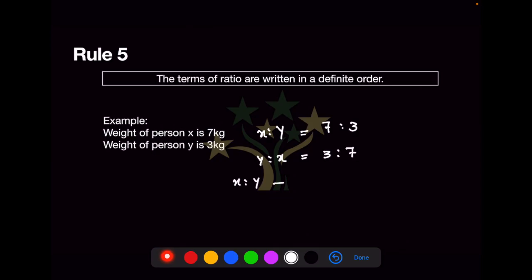X is to Y is not equal to Y is to X. When X is to Y is written, it is always 7:3 and 7:3 is not equal to 3:7. So this is what it means by saying that the terms of the ratio are written in a definite order. You should never interchange 7:3 to 3:7 because these two values are different.